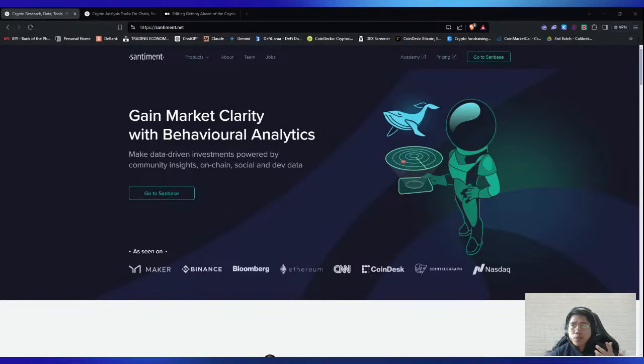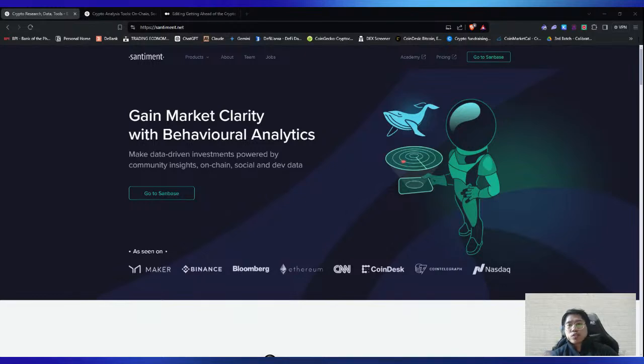Sentiment has also been in the data analytics space since 2014, so we can say that they are one of the OGs in the space. They were able to establish themselves as one of the pioneers in the area of crypto metrics and analytics.